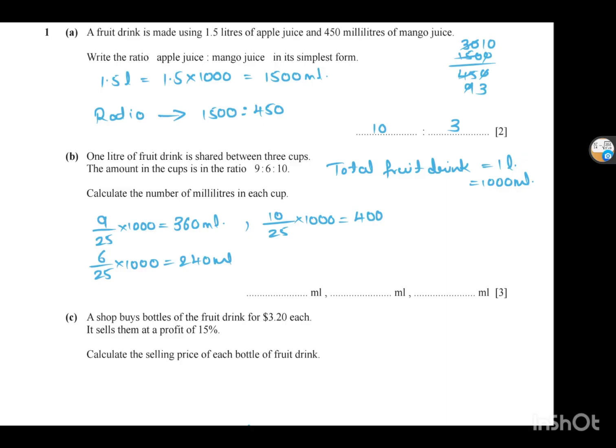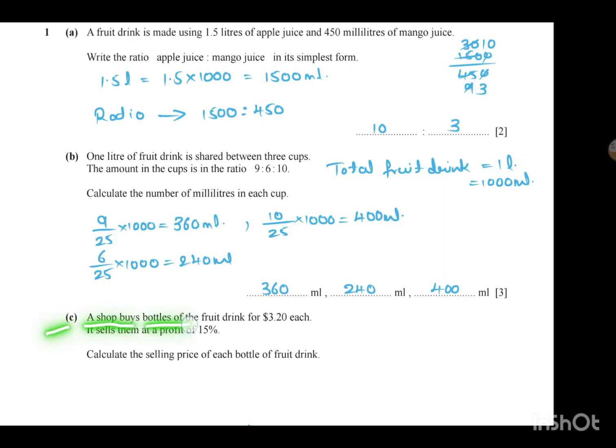So the amount of fruit drink in each cup will be, for 9 it is 360 ml, for 6 it is 240 ml, and for 10 it is 400 ml. This is the answer.